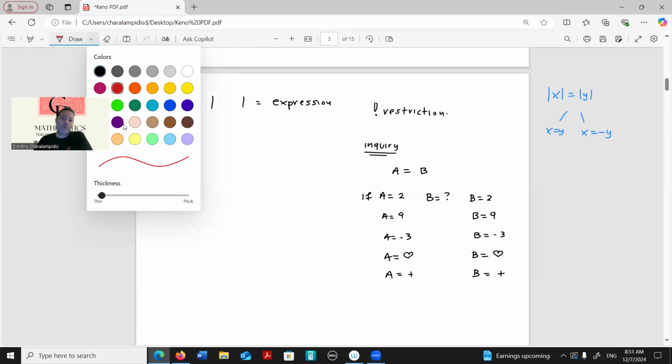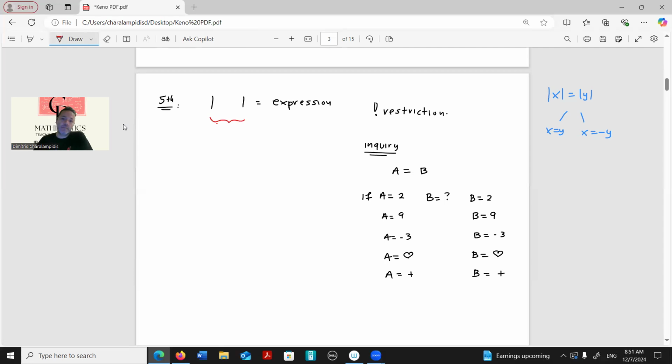I'll call this left-hand side, and I'll call this right-hand side. It's as if I had the A and the B. With regards to the left-hand side, what do I see? We have an absolute value. What do I know about an absolute value? That it always stands for distance.